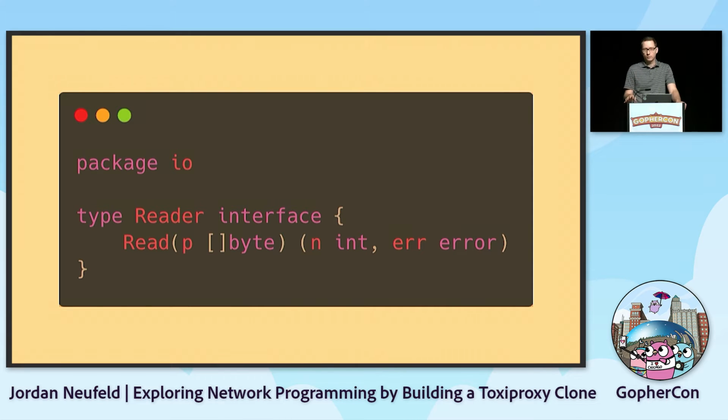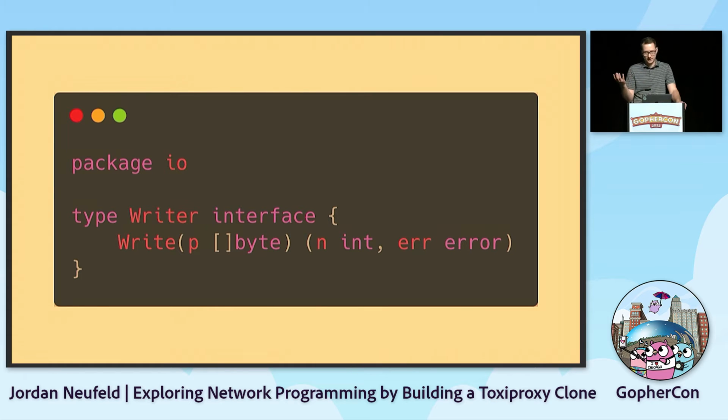One of the things that we're going to see in the demo is an interface called io.Reader, and it looks like this. This interface is important because we need a generic way to read from a real network connection or read from a link, like the upstream links and downstream links. Same thing with the reader.